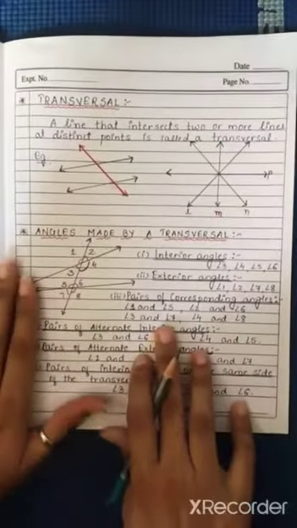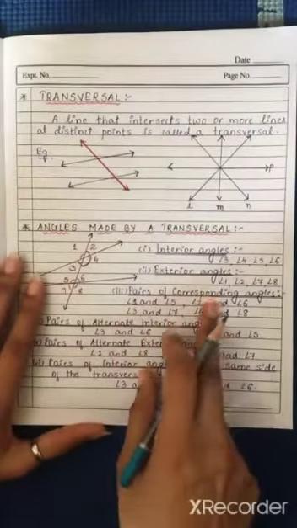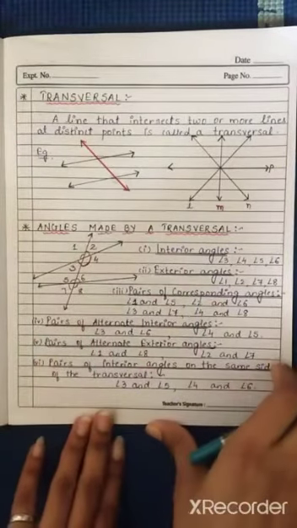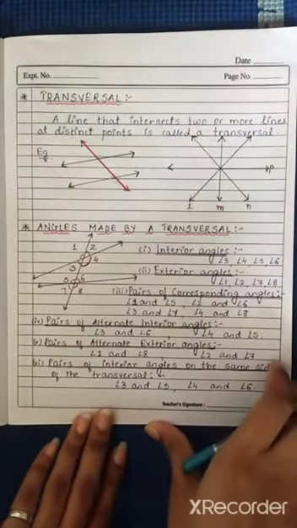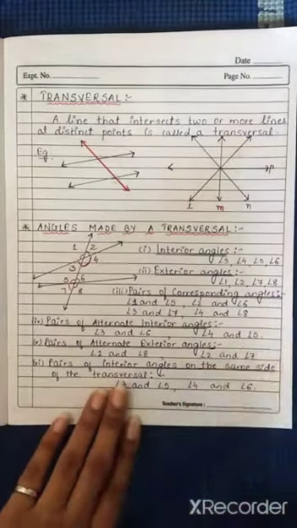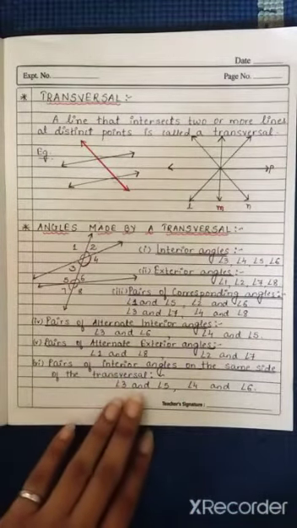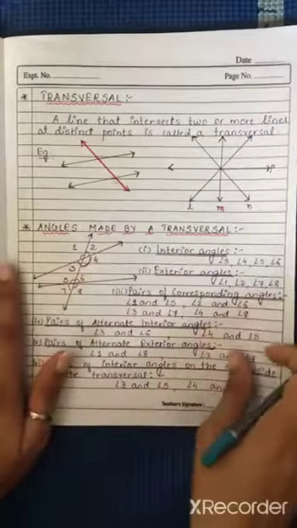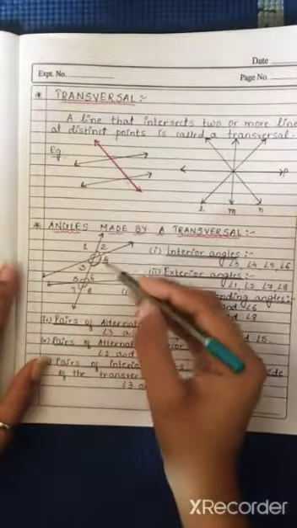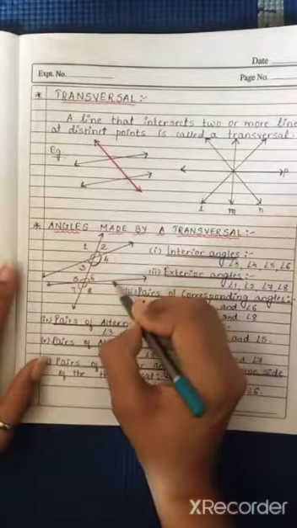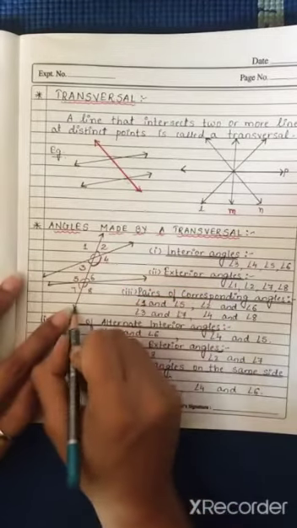Now let's move to the next topic, which is actually a very important topic of this chapter. From the exam point of view also, this topic is very important, and you will be learning about this in higher classes also. So please try to understand this very clearly. Fine. Now here I have these 2 lines, and this line is my transversal.